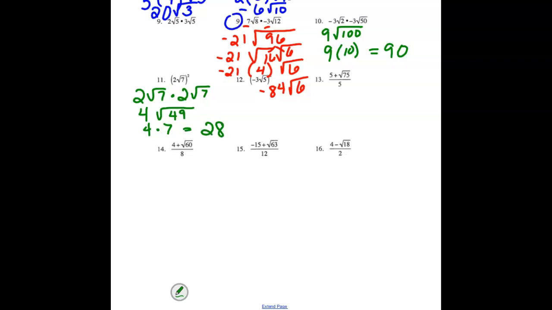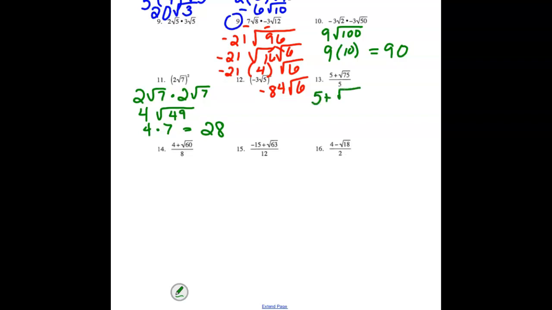All right, let's take a look at number 13. Notice here that we have a numerator that has a plain number and a square root number. Before we can do any kind of dividing, we need to break down that square root. So we have 5 plus the square root of 75.